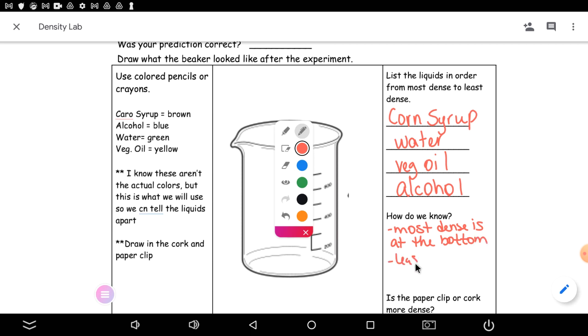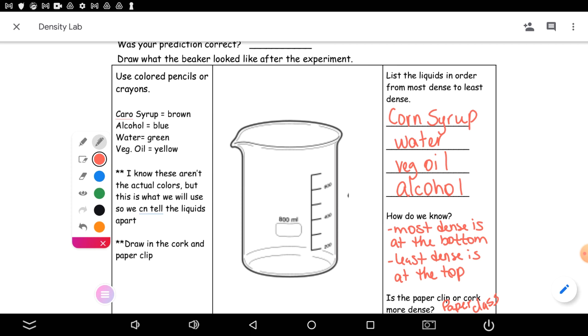At the top. Is the paper clip or the cork more dense, Haley? Paper clip or cork, which one is more dense? Why? How do you know it's more dense? Just by our lab. Because it sunk to the bottom and the cork floated on the top. Yes. Okay? And that was the last question there, right?